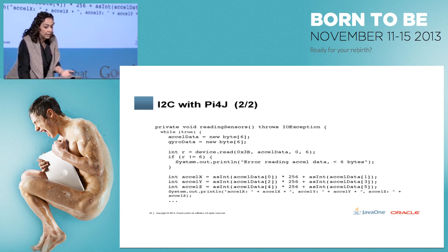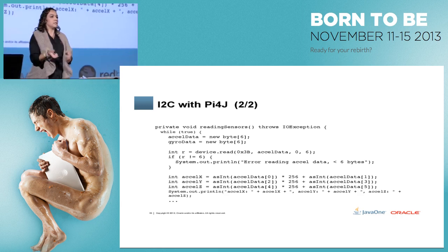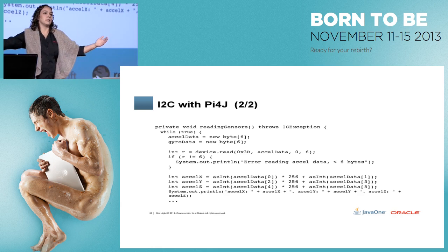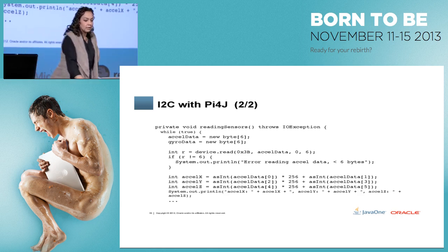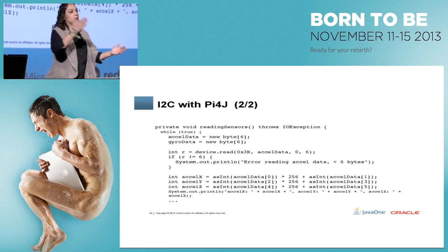In this case, we're going to read from this registry, this is where we're going to put the data, and this is how many bytes we're going to read. Because X, Y, and Z are consecutive on this particular board, you can just do a 6 byte reading at a time. You can also read them one by one, but in this case, we're reading all because they are consecutive.